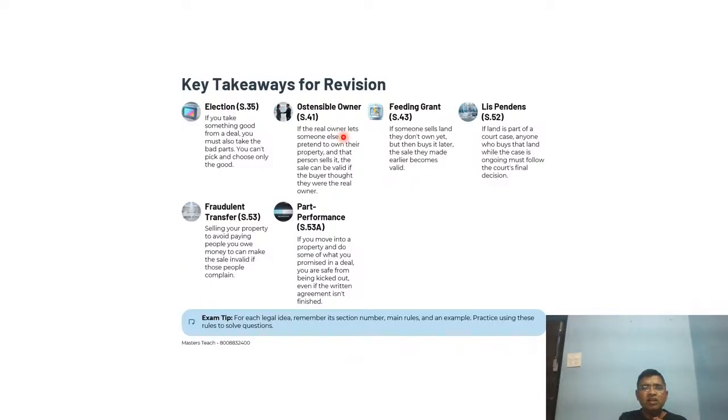Then ostensible owner, Section 41: if the real owner lets someone else pretend to own their property and that person sells it, the sale can be valid if the buyer thought they were the real owner. Then feeding the grant, Section 43: if someone sells land they don't own but then buys it later, the sale they made earlier becomes valid.